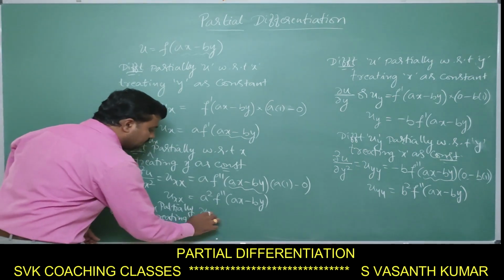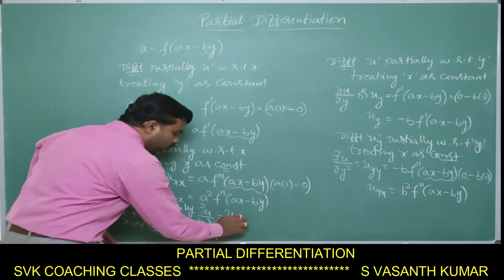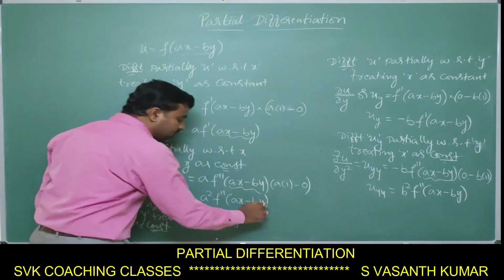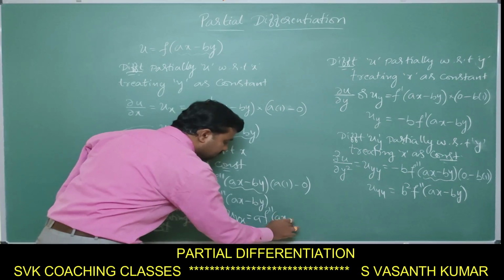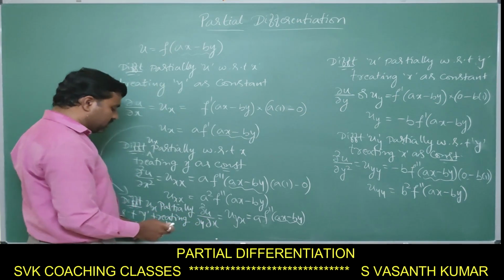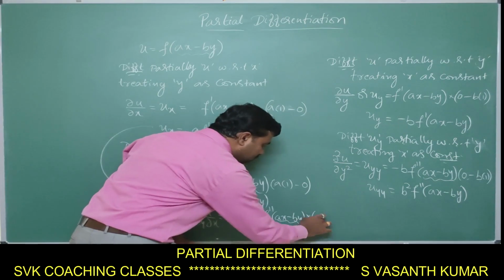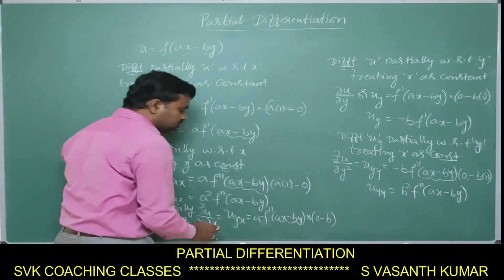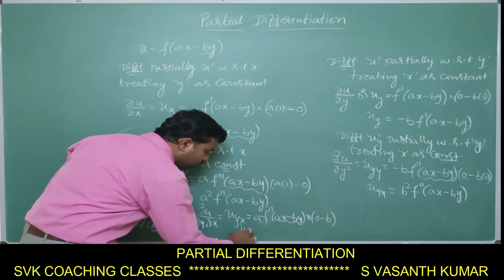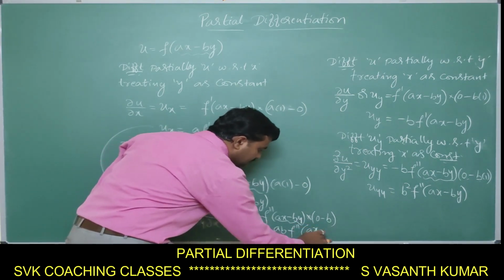It is denoted by del square u by del y del x, which is nothing but uyx, equal to: a is constant here, the derivative of f dash is f double dash of ax minus by into the derivative of ax minus by with respect to y. I am differentiating with respect to y, so you get 0 minus b, which is minus b. Minus b into a gives uyx equal to minus ab into f double dash of ax minus by.